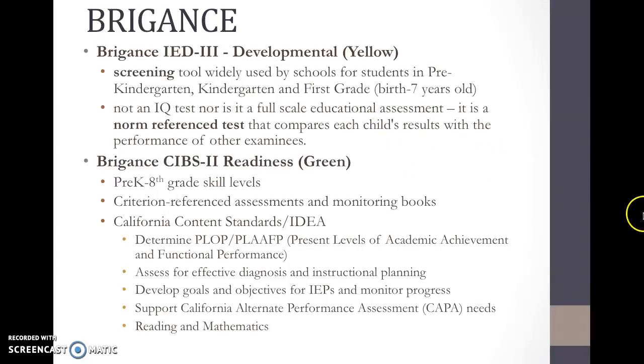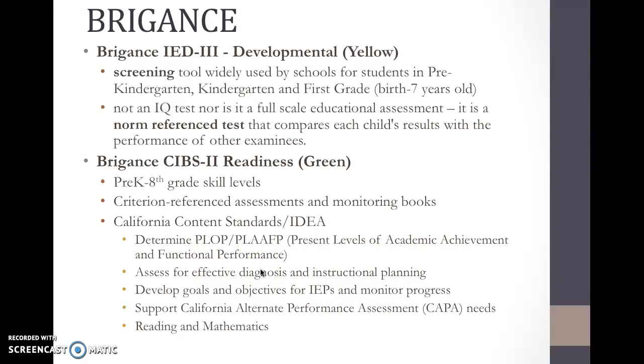who took that test. The other one is the CIBS 2. This is the readiness. And this is the green Brigance test. It's for pre-K to 8th grade skill level. It's criterion referenced. There's monitoring books. And this really was designed to help teachers come up with goals that looked at present levels of achievement and function.